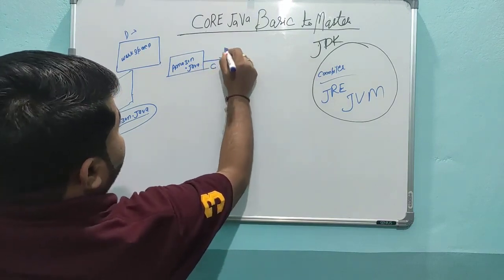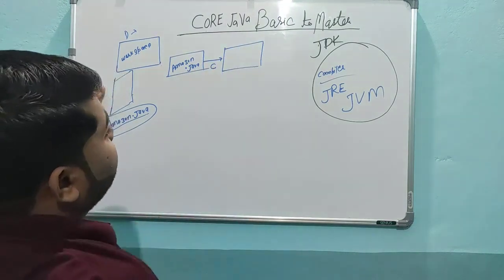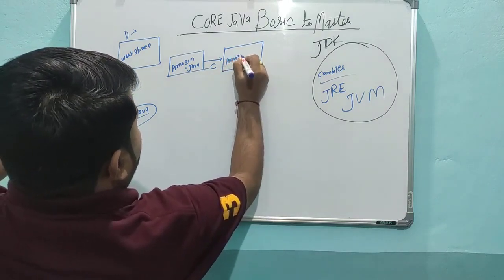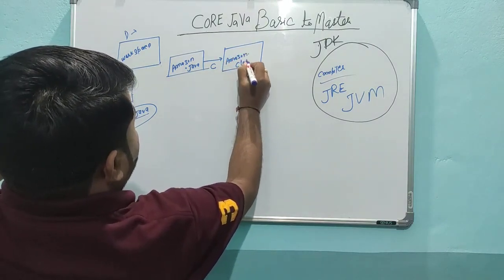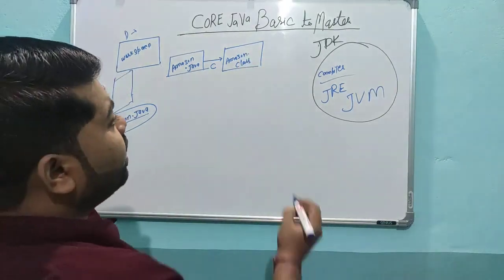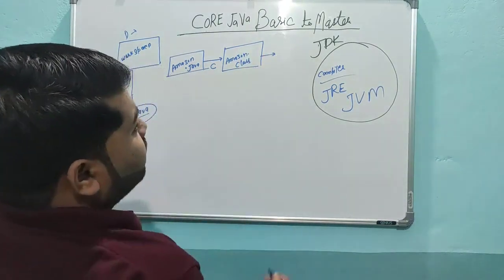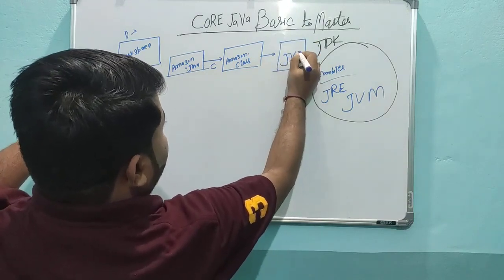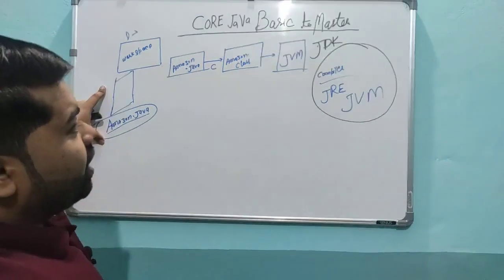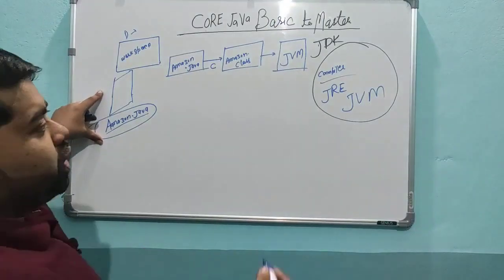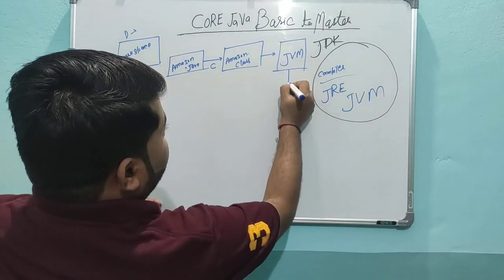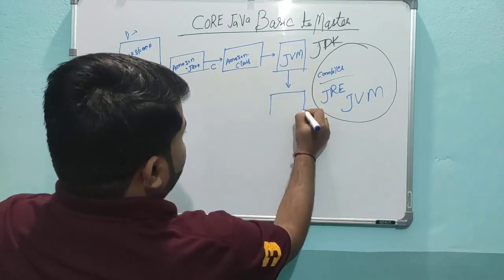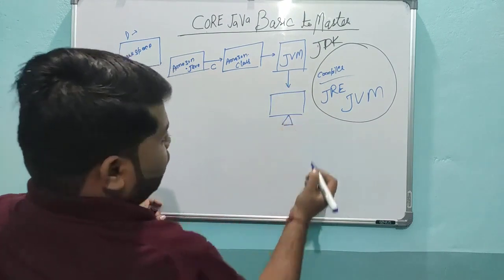Then the compiler will generate the Amazon.class file. Then it will interact with the JVM. This is our JVM, the Java Virtual Machine, and we will see what the use of this is. Then after that you will get the output, whatever you want to print.